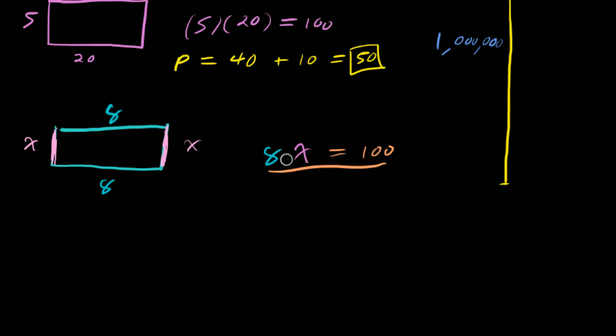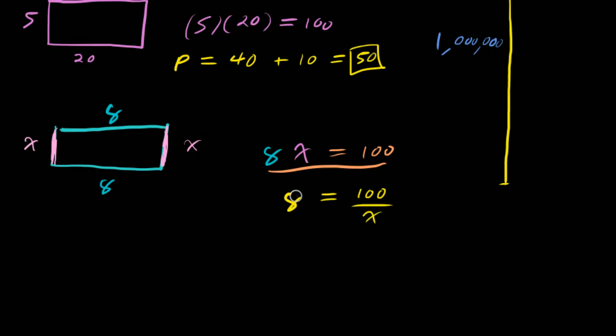So this is the relationship that we know about Y and X. So for any X that you pick, let's go ahead and explicitly define Y in terms of X, where we divide both sides by X, and we can say that Y is going to be equal to 100 over X.